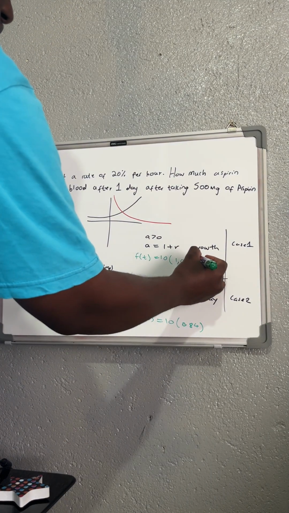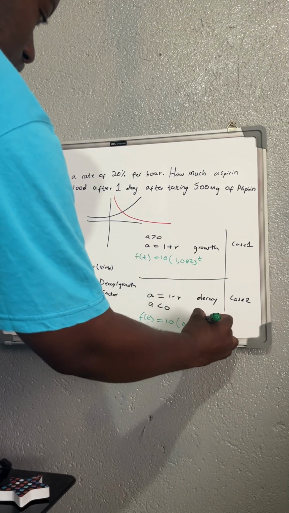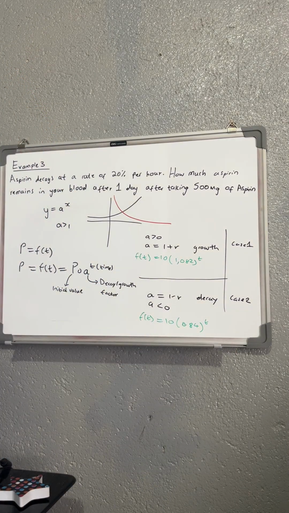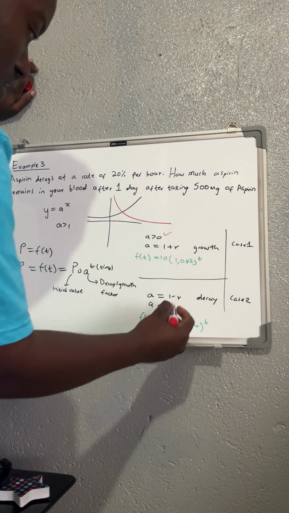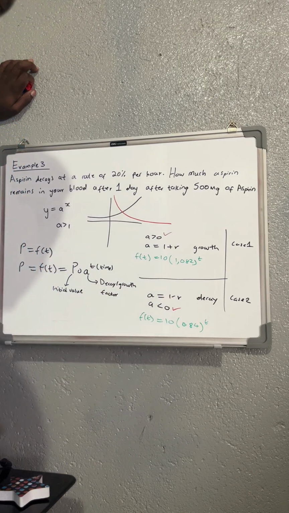Remember, here you're supposed to write your t, here you're supposed to write your t. So here's one thing that you have to note always. You see here I've written that I have a being greater than 1. Here I've said I have a being less than 1.